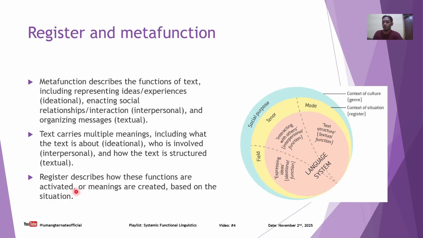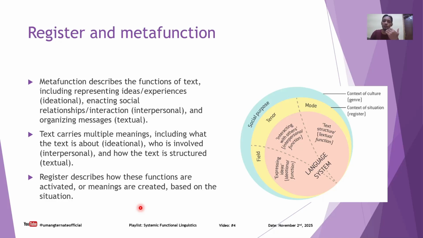In other words, we can say that register describes how the metafunctions are activated, or how meanings are created based on the situation. The most important point to be understood here is that register describes language as a set of choices. Grammar is a set of choices, not rules. So we choose words, we choose structure based on the situation.